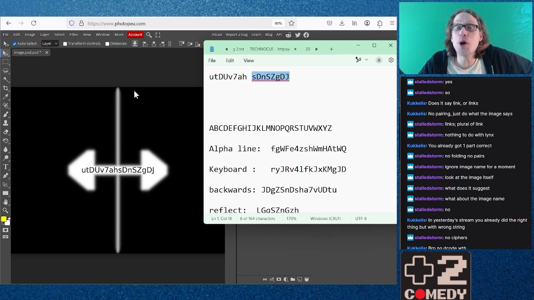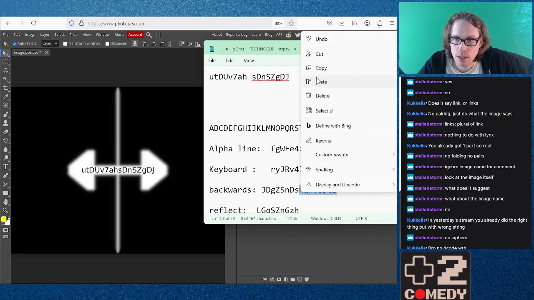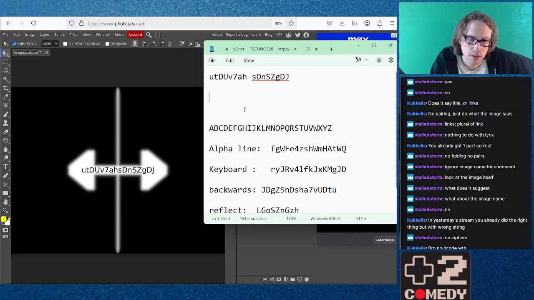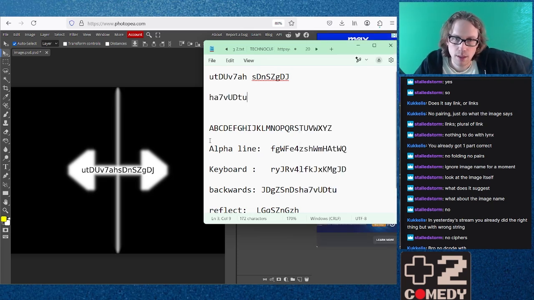Throwing stuff into decode was the majority of what I did last stream. I already wrote this backwards once, so here's the backwards part of this. If I was reading this the other way, that's what it would look like. Don't know if that's helpful.